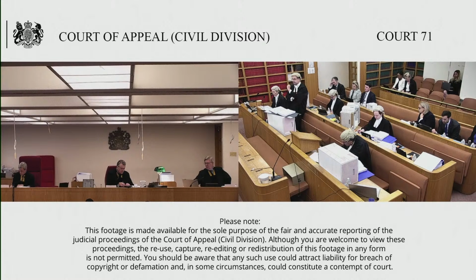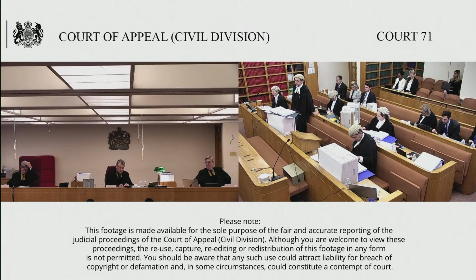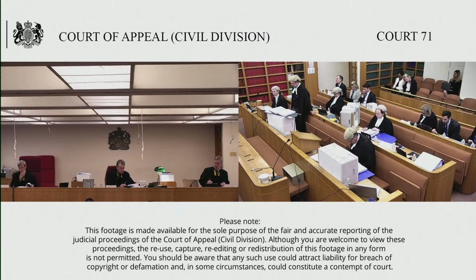So in Coflexive and Stolt, there was an inquiry as to damages following an established infringement, which was about laying pipes of a particular type using a particular kind of equipment in the North Sea, subsea pipes. And the question was whether it was enough that the defendants had obtained the contracts by offering and using a method which in fact infringed, or whether it was necessary to plead and prove that the contracts had been obtained because the defendants offered and used the particular method.